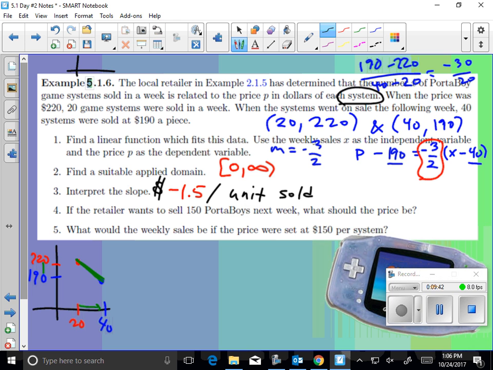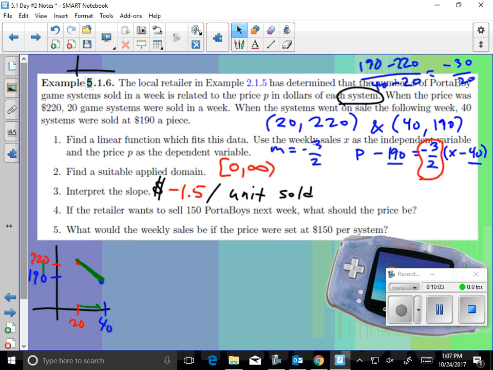So for every one game system you sell, the price will go down $1.50. Again, we can't put specific behaviors on humans because we don't know. We're not 100% certain, but we can predict.